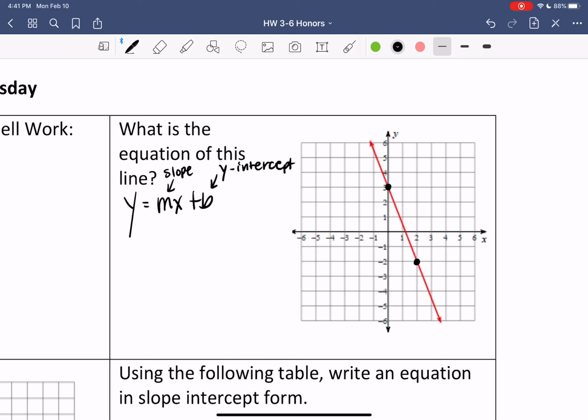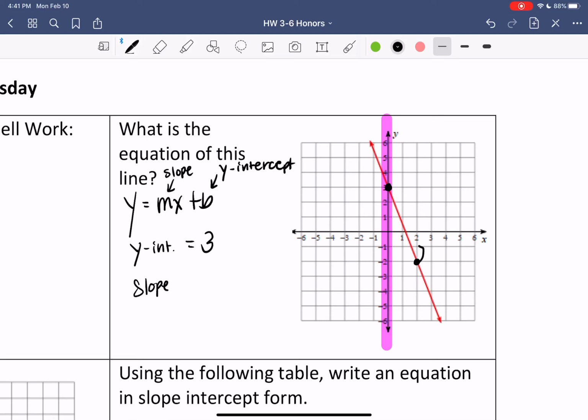We know that our y-intercept is always on the y-axis, so this is our y-axis, and our y-intercept equals positive 3.